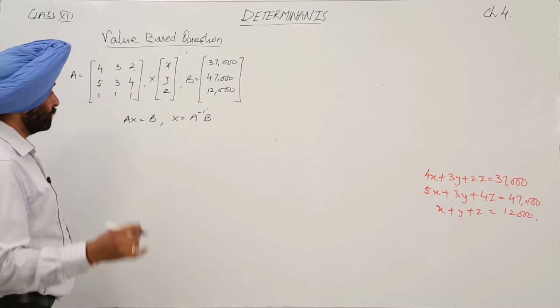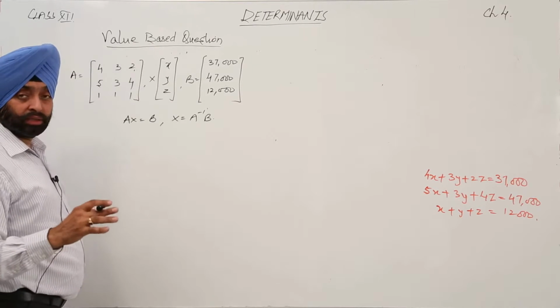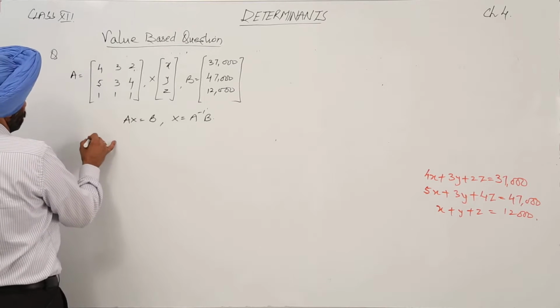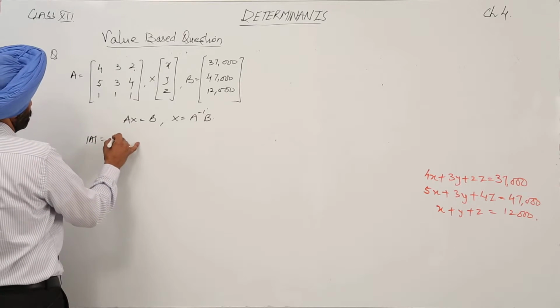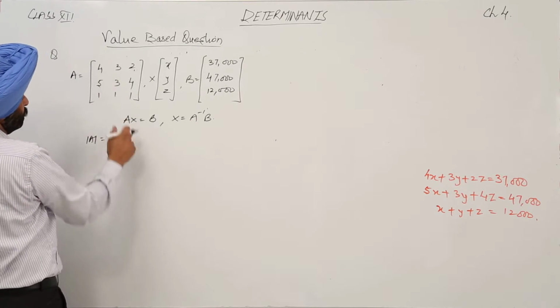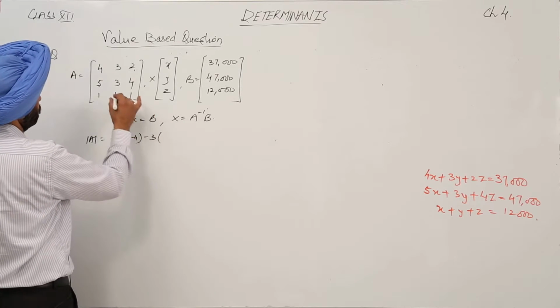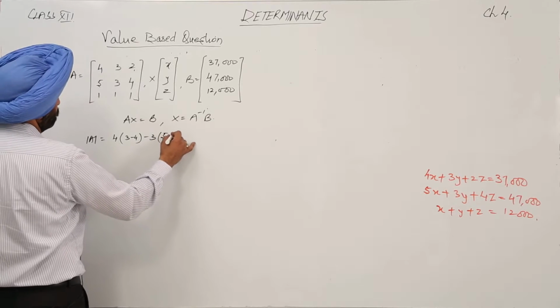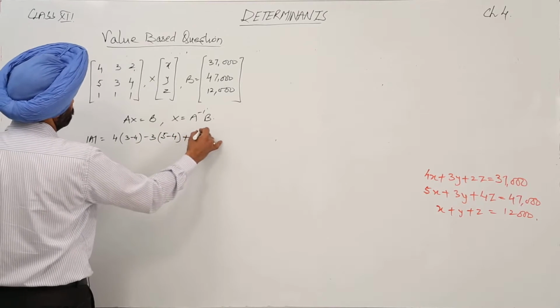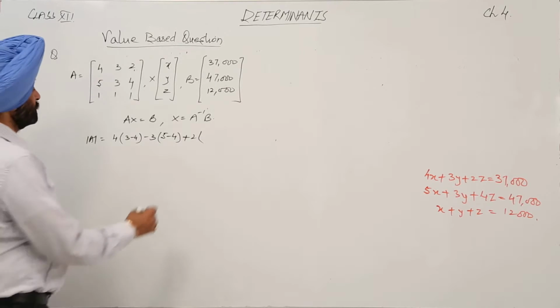Now the first step is to find the determinant. Determinant of A is equal to 4 times (3 minus 4), minus 3 times (5 minus 4), plus 2 times (5 minus 3).